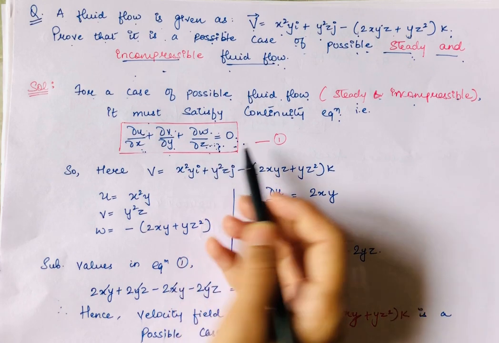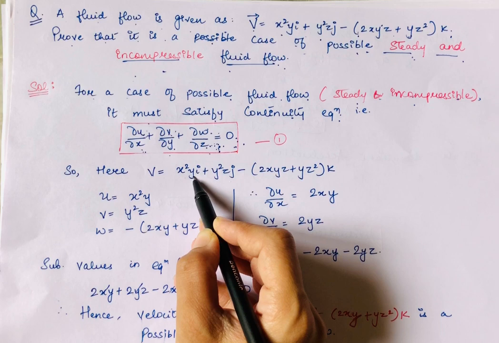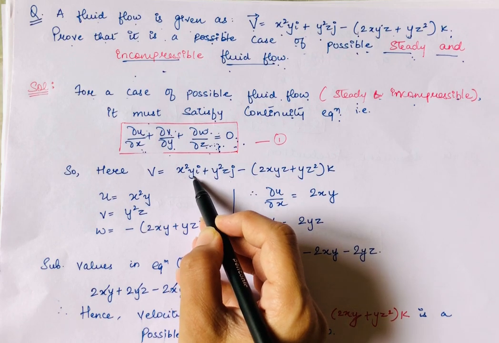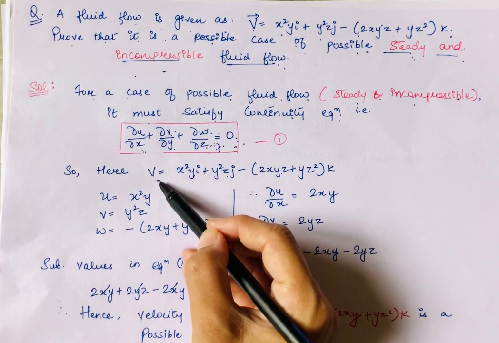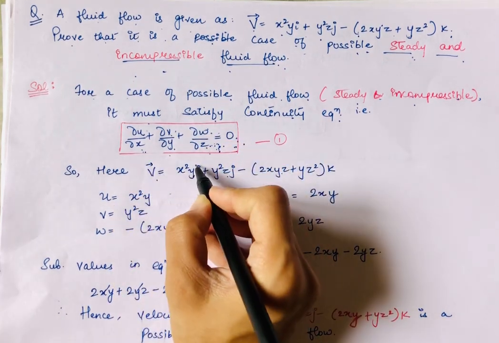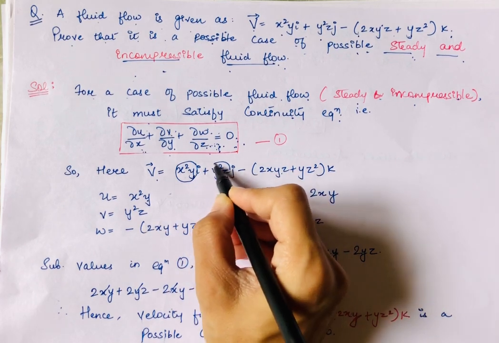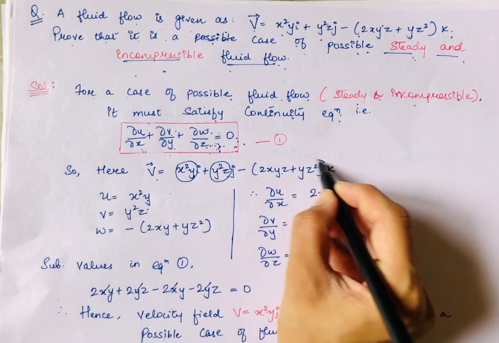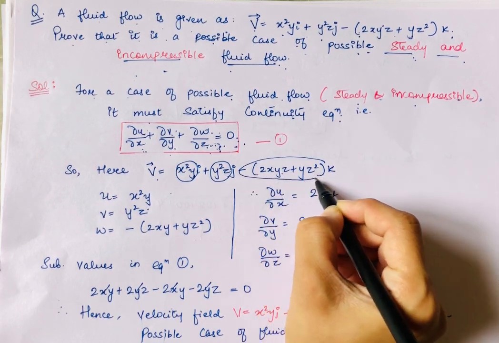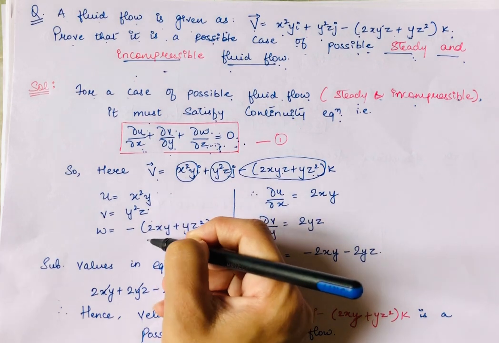Here we have the velocity vector V given, so the values of u, v and w are: u is equal to x squared y, v is equal to y squared z, and w is equal to minus (2xyz plus yz squared).